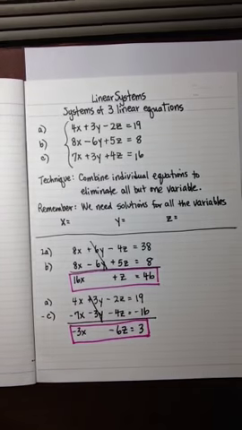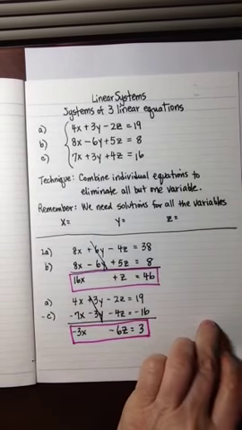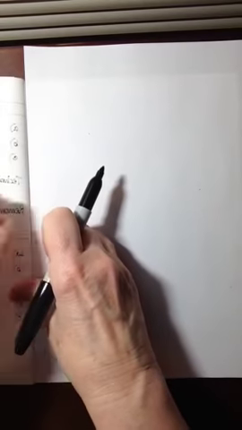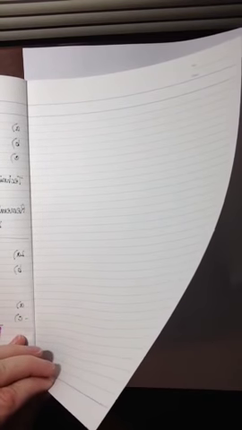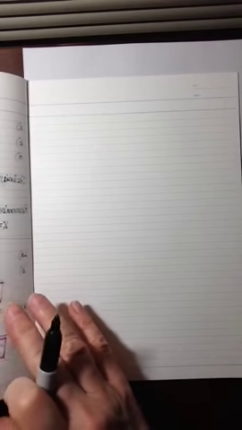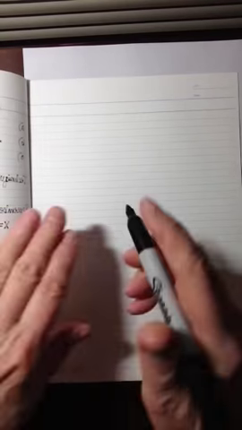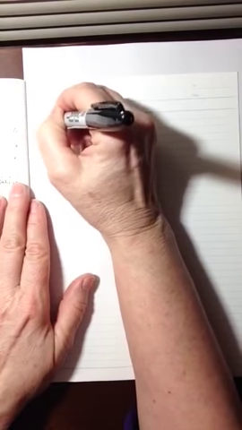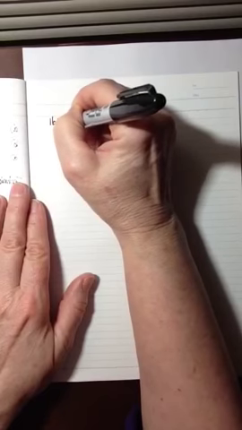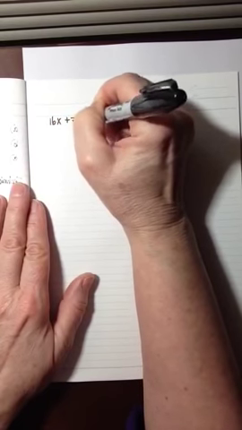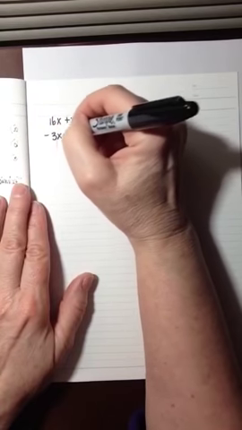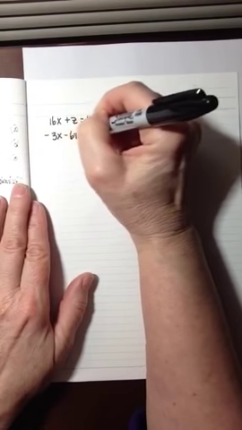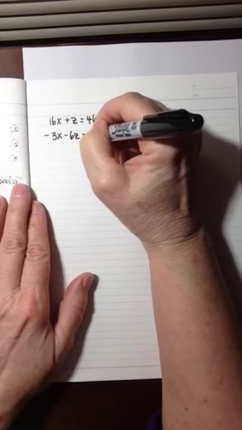So let me turn the page so that we can get our first value of x. Our equations are 16x plus z equals 46, and minus 3x minus 6z equals 3.